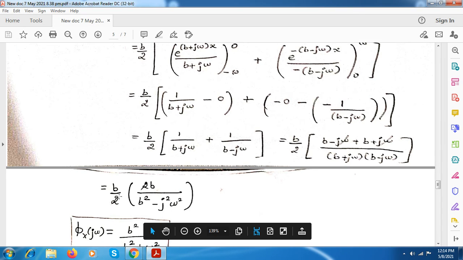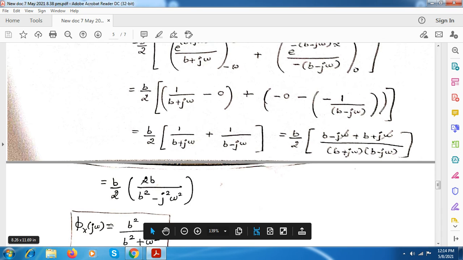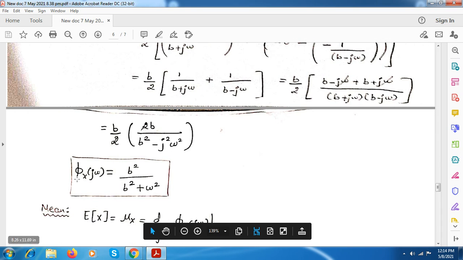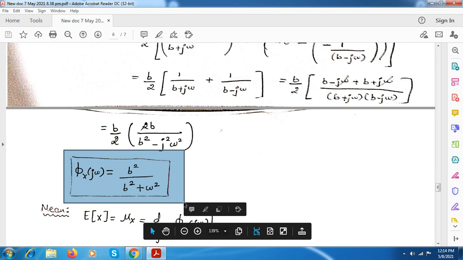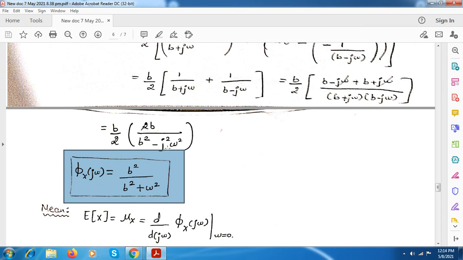This 2 gets cancelled, and you get the characteristic function as b square divided by b square plus omega square. Here this will be plus 1, because j is root of minus 1, so j square will be minus 1. Here it is minus into minus 1, that will be plus. So it is b square divided by b square plus omega square.